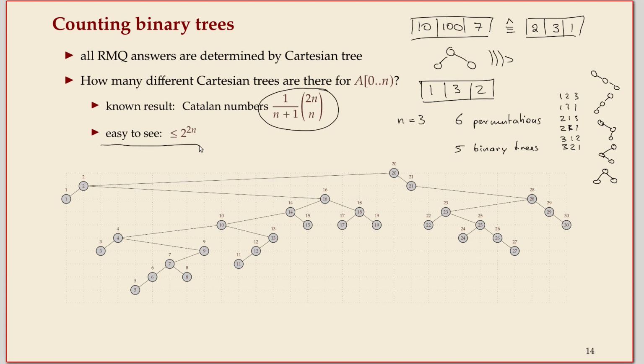I want to show you that there's definitely not more than 4 to the n different binary trees on n nodes, or the same thing, not more than 4 to the n Cartesian trees on arrays of n numbers.